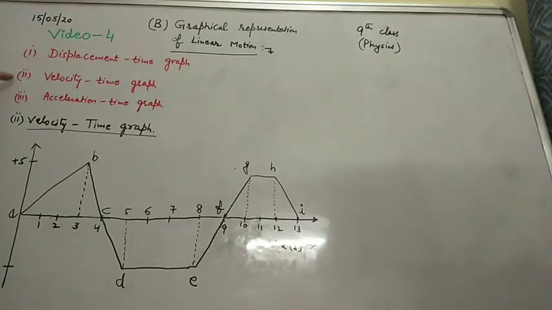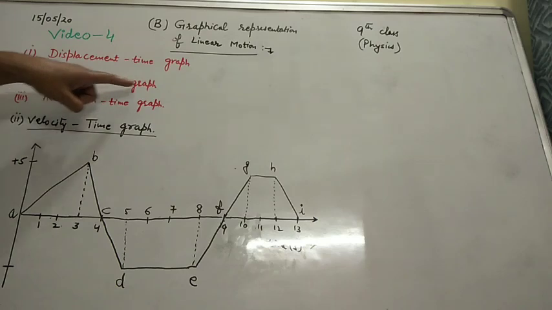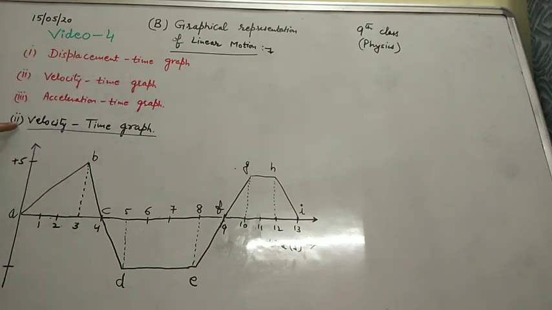So in the second point, velocity time graph. Now we'll discuss this part. I have taken this example. Now here the body is moving with this much velocity, 5 meter per second.